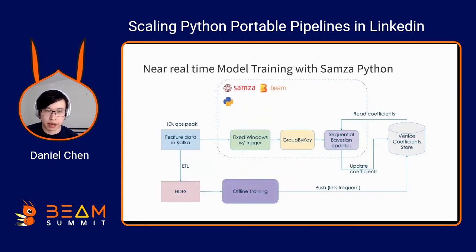And this nearline model training is probably our largest job, and the customer that is really pushing the envelope when it comes to the support we have for portability at LinkedIn. First of all, their QPS peak is 10K, which was unachievable previously with our low QPS without bundling.